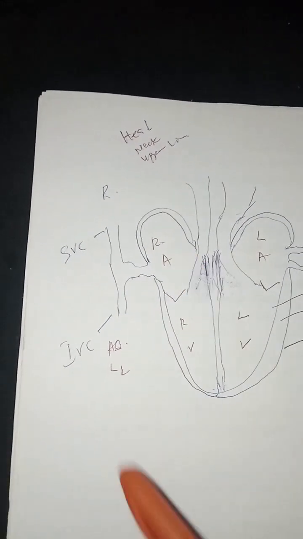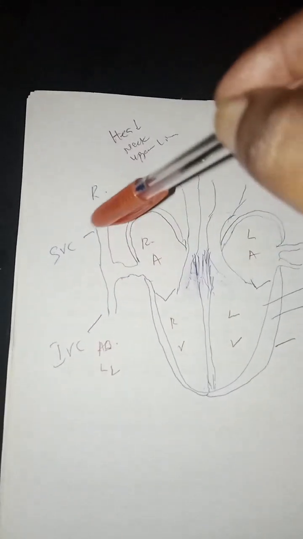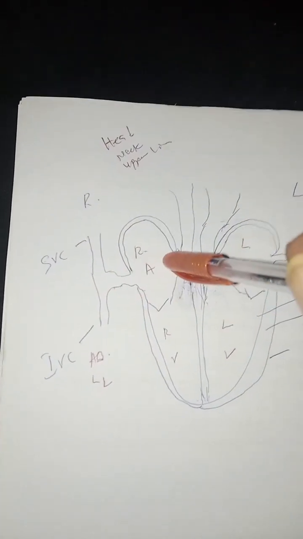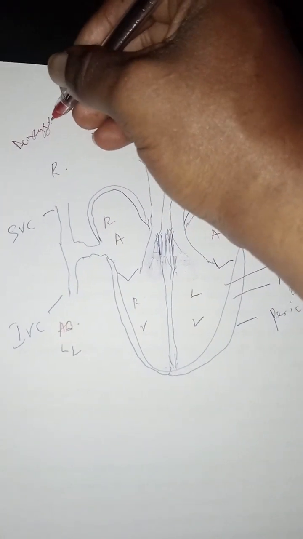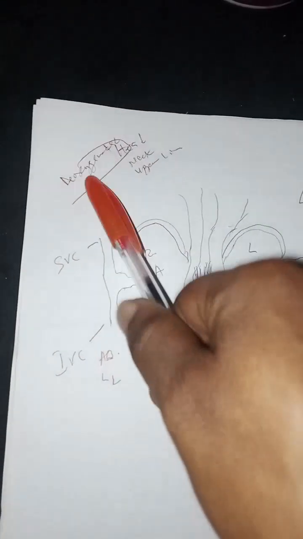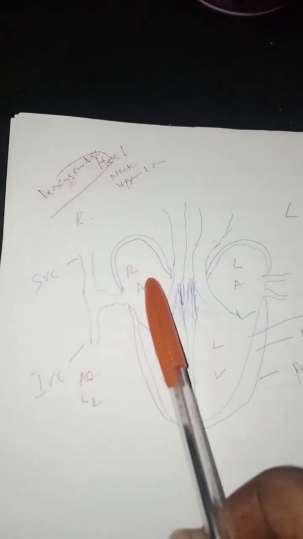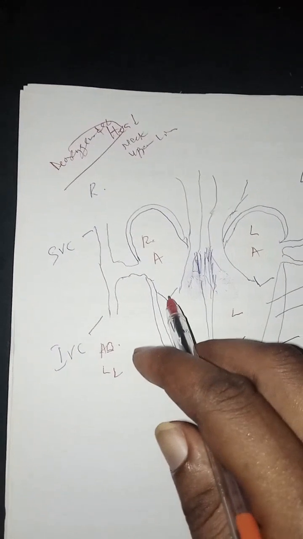Please note the blood coming from this part of the body passing through the inferior and the superior vena cava into the right atrium is deoxygenated. Deoxygenated. What does that mean? Blood that does not have oxygen is what goes into the right atrium.